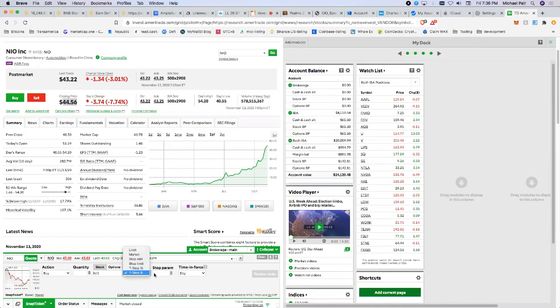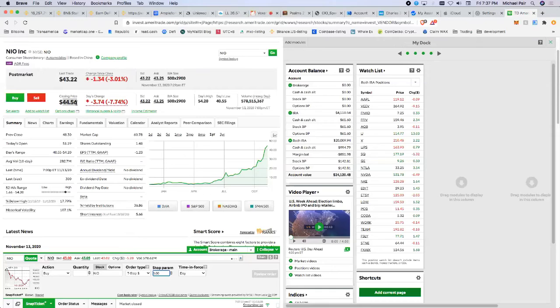So it says T stop with a dollar amount. If I put in 300 here, that'll be a $3 trailing stop. So if it's trading at 44.56, the order will be at 41.56. But as the price moves up, the trailing stop is always going to trail $3 behind the highest price.